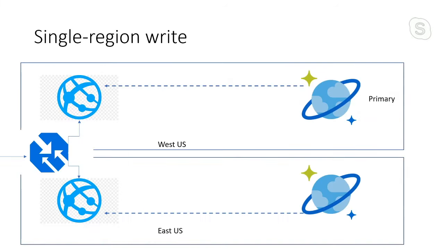So what is multi-homing capability? Let's say that you have an application in the East US and West US.